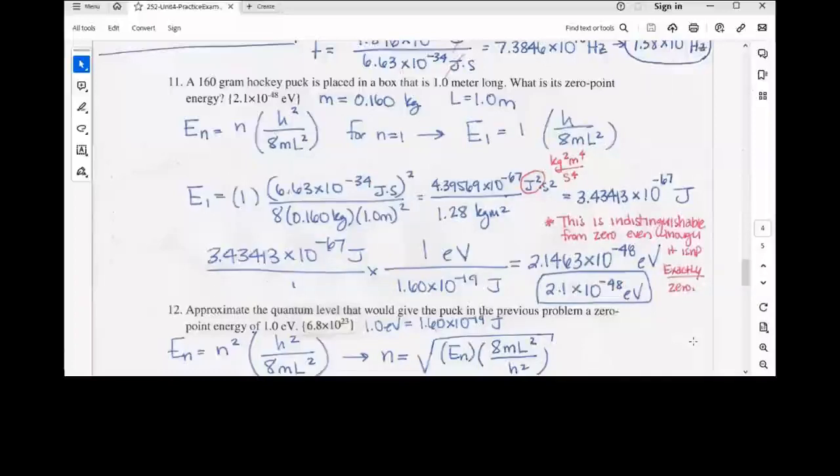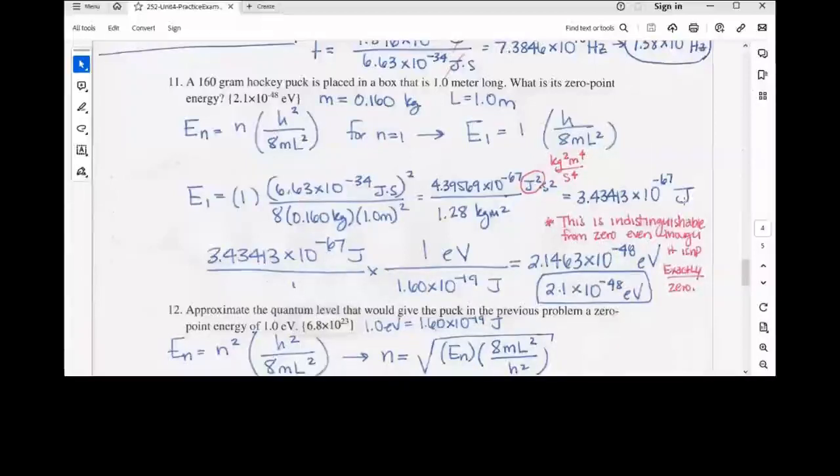And I've done this with Planck's constant in joule seconds, again, just to make the unit cancellation a little bit easier on the step where I'm calculating E1. So the joule is being squared here. I've got kilograms squared times meters to the 4th power divided by seconds to the 4th power. When you do that unit cancellation, you end up with an energy in joules that is incredibly small, 3.43413 times 10 to the negative 67 joules.